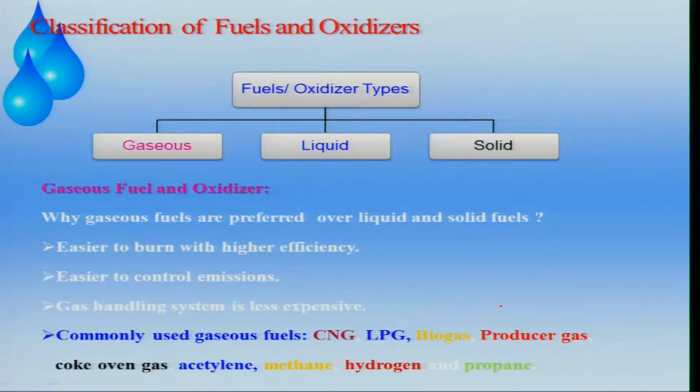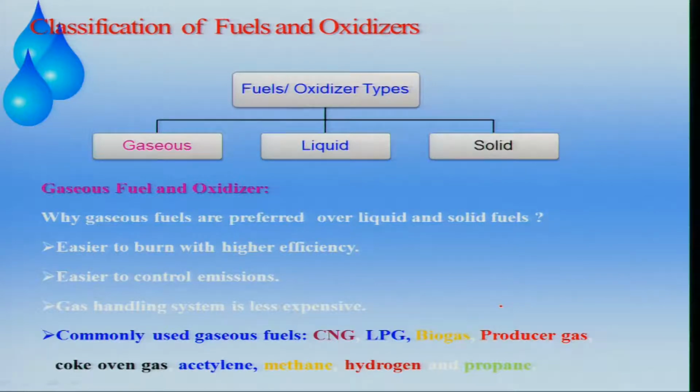Of course, biogas, you might know, is being used in rural areas, made from cow dung and other animal dung, or even leaves, by a fermentation process. And producer gas can be obtained by thermochemical conversion from biomass and other biomaterials.